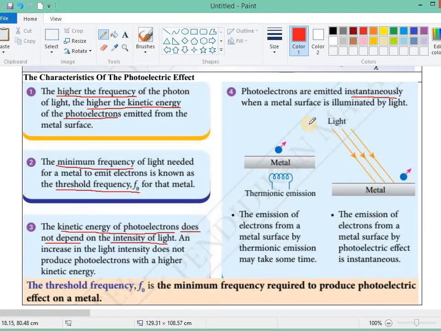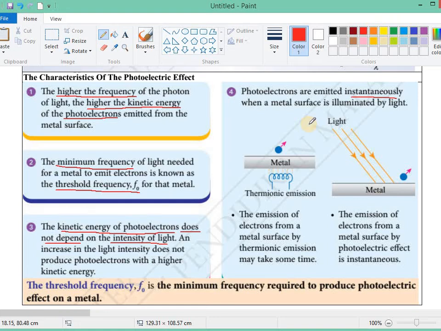So the frequency of the photon must be high enough, so that when the electron absorbs the energy from that one photon, it will immediately get enough energy to escape. And the higher the frequency of light, the higher the energy carried by the photon.